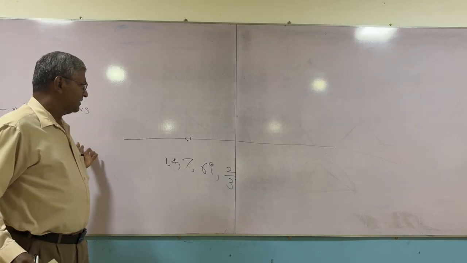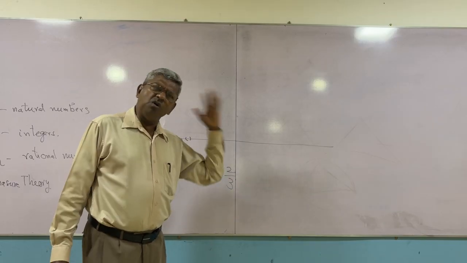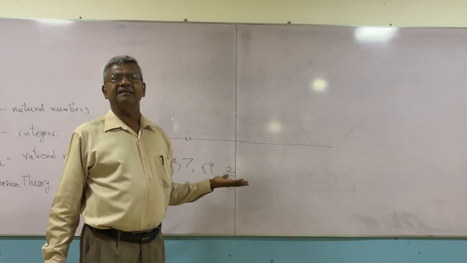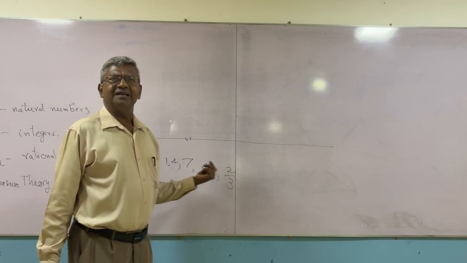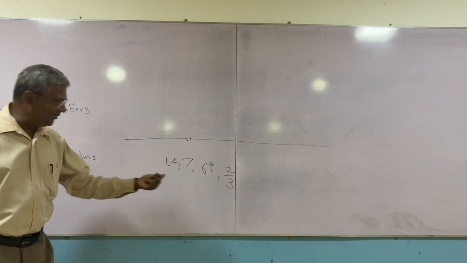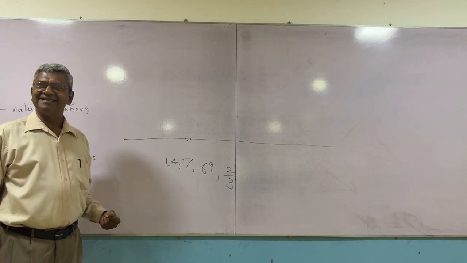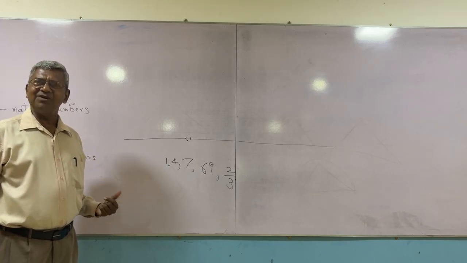When you think of the set of real numbers, almost all of them are irrational. But if you ask anybody, give me an example of a real number, they always give you a rational one. Can you see how unfair?